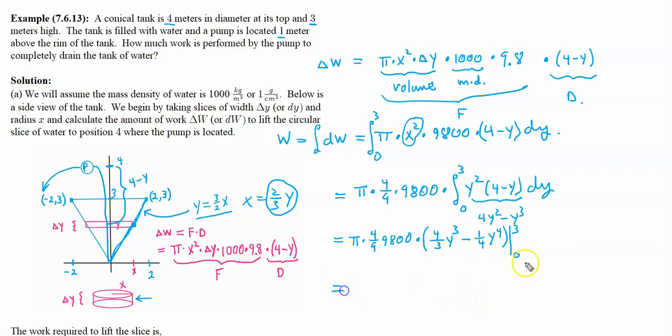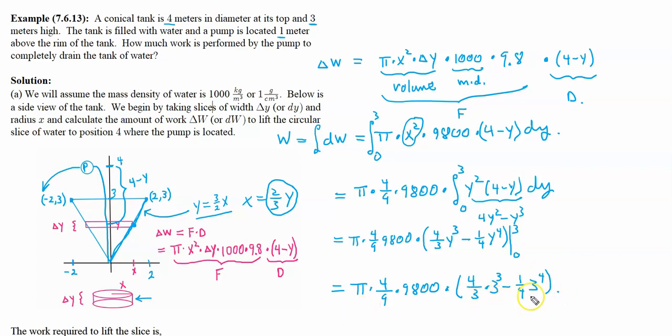So when we do that, of course, when we put 0 in for y, this whole thing becomes 0. So really our answer is going to be, if we put 3 in here for y, so our answer is going to be pi, and so this is our answer.